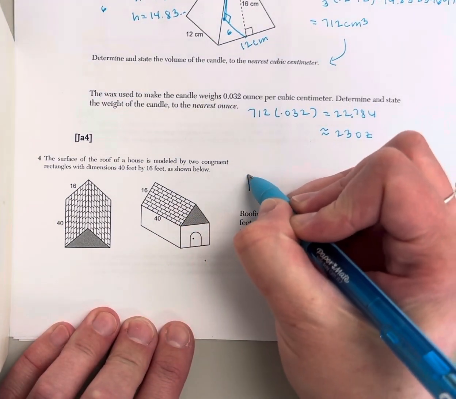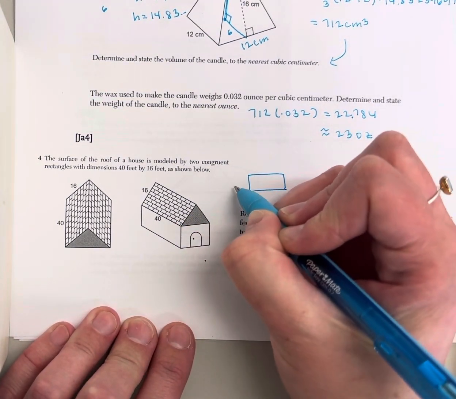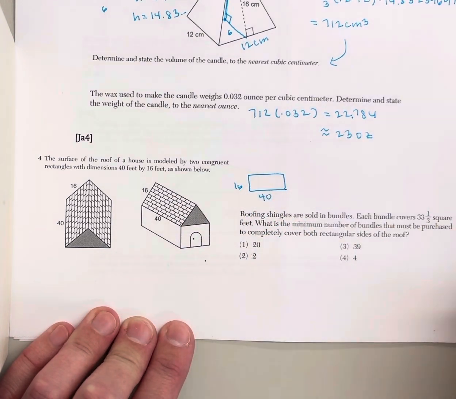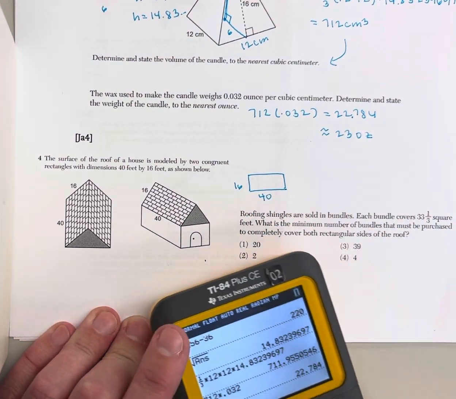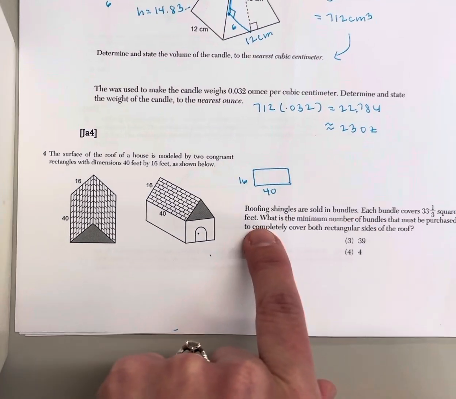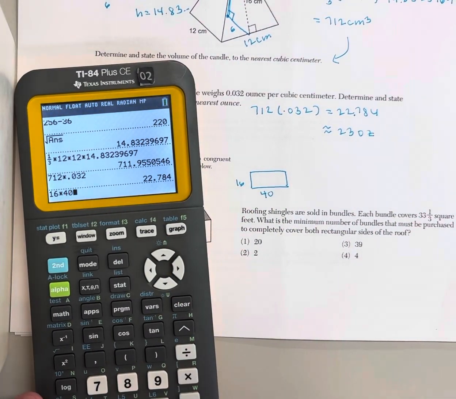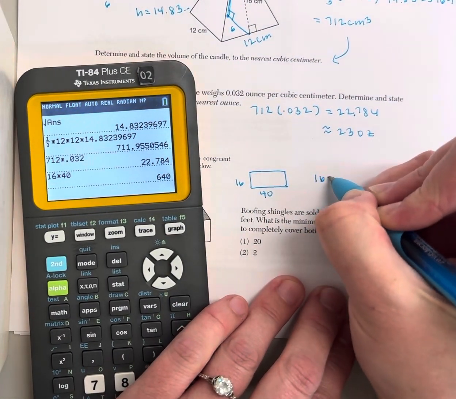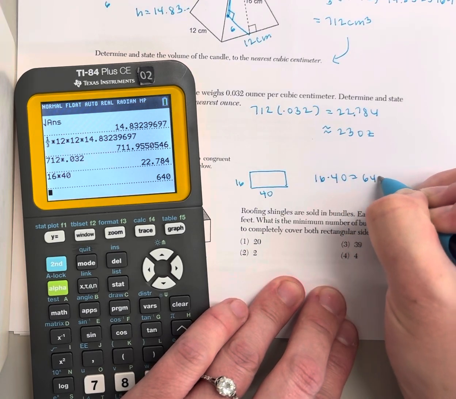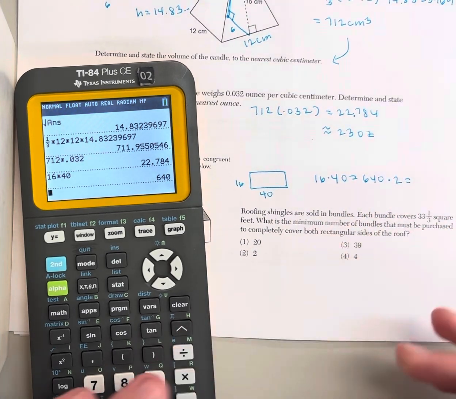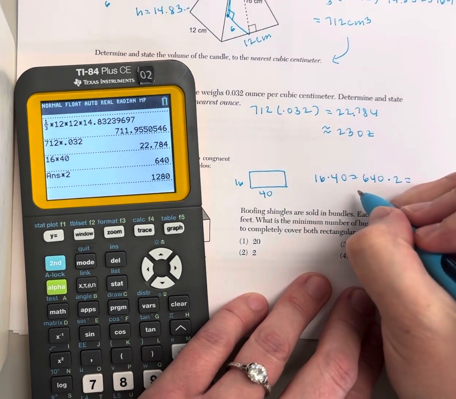This is just a rectangle. This isn't even volume. 16 by 40 feet, okay. 16 by 40 is 640, but there's two rectangles, so 1280.